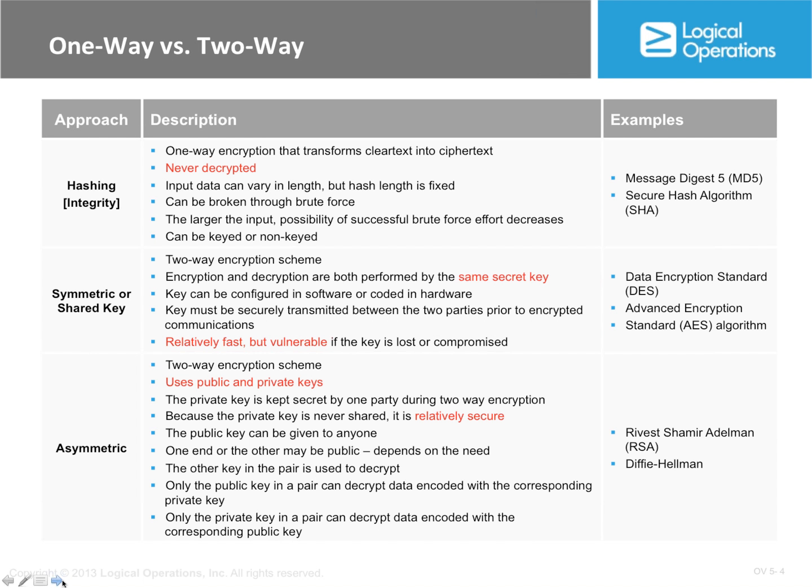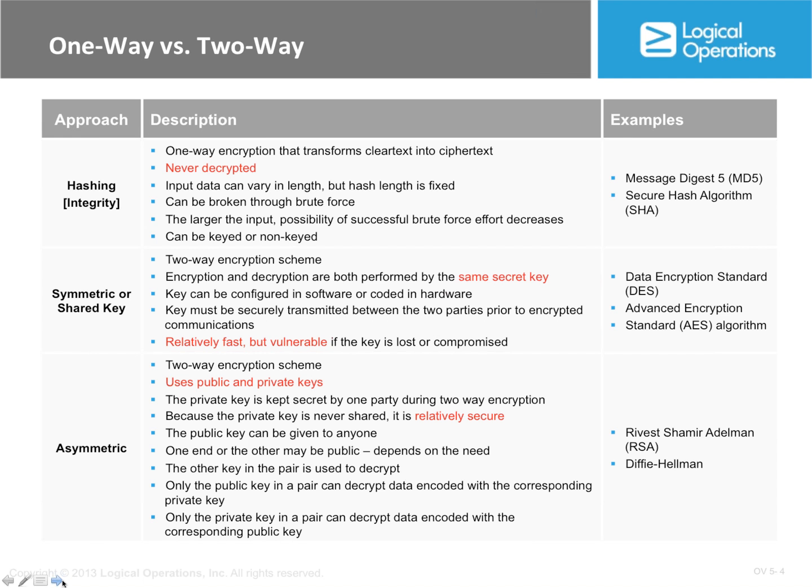I'm going to hash the data to come up with some sort of hashed value that I can then later run the same hash, or run the same mathematical problem, against to verify the integrity of that data, to make sure that the data was not changed in any way and it can still be relied upon. Then moving to two-way encryption, that's where the conversation starts coming in of symmetric versus asymmetric. Am I going to use symmetric encryption or asymmetric encryption or a combination of both? What is required between the two?